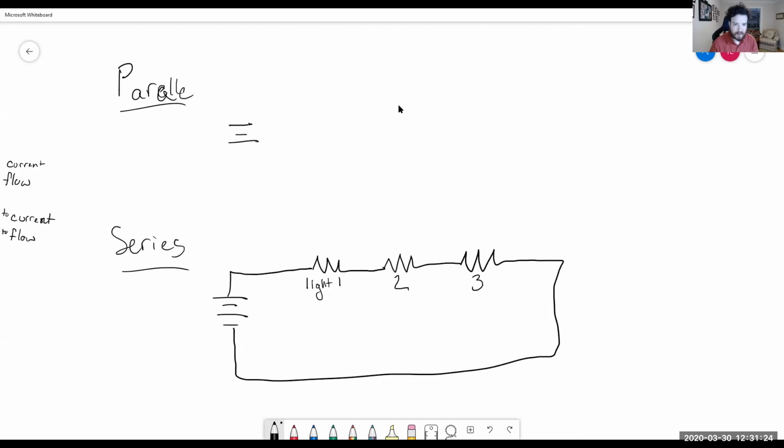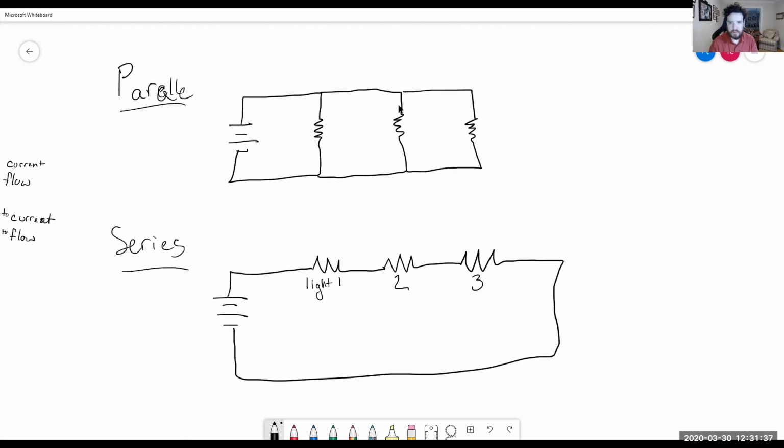So with a parallel circuit, we have something like this. Each light bulb has its own path for flow, for current. And that's the important thing to differentiate.